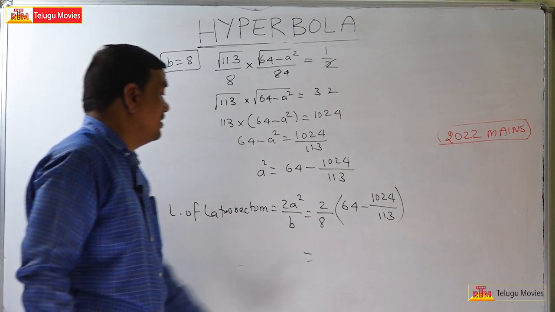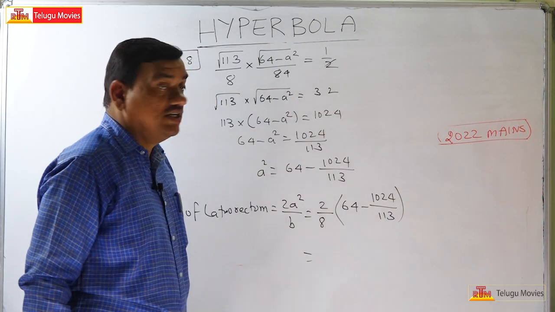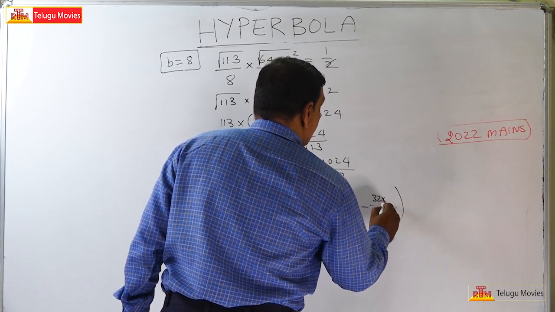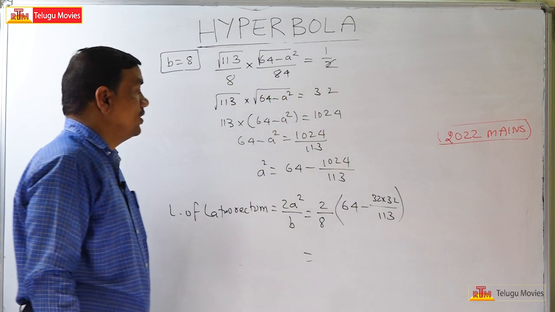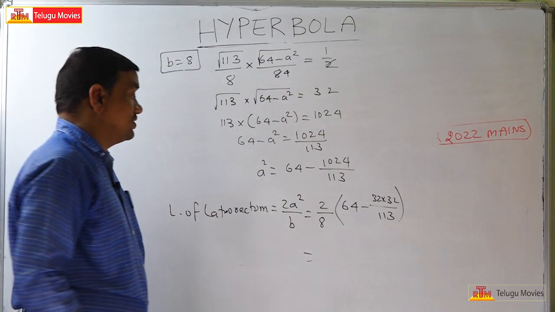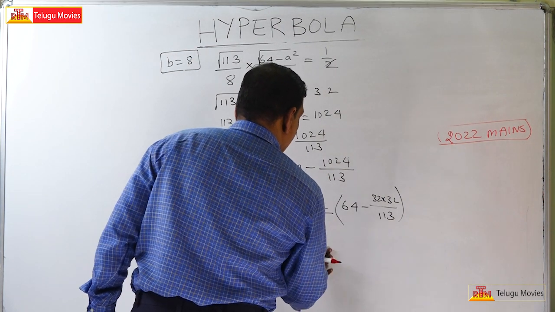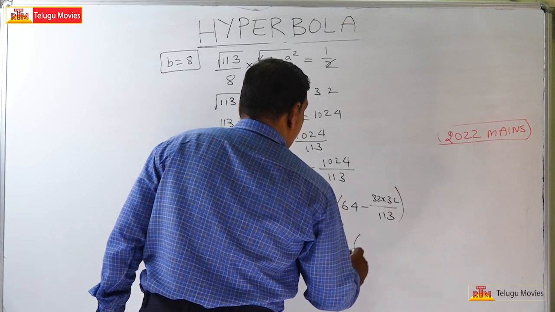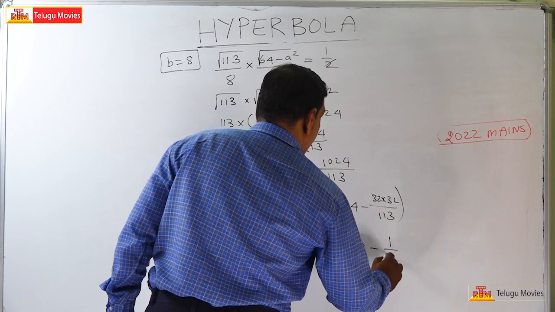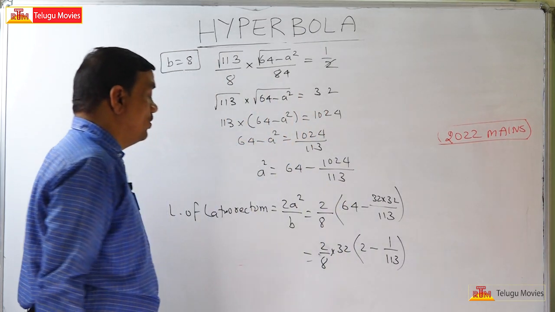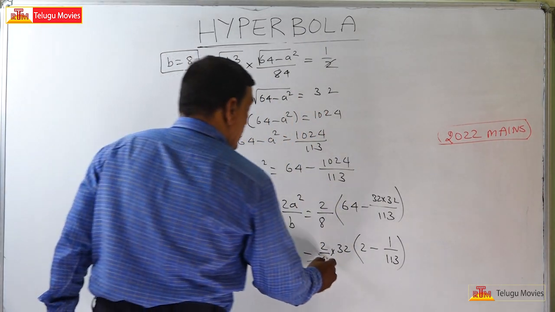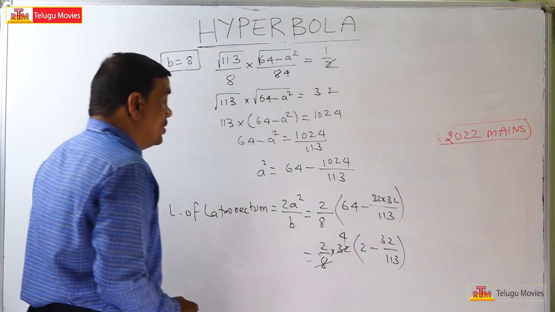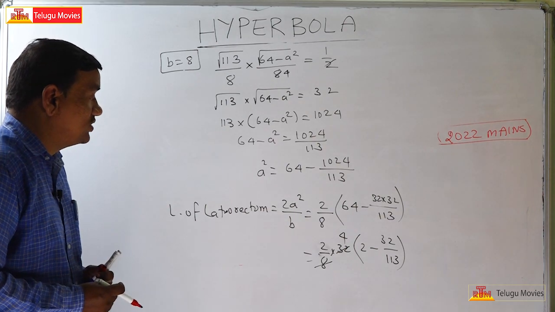So here this is 32 square, no? So this is 32 into 32, 32 square. So we can take 32 common outside. So it is 2 by 8 into, if you take 32 common outside, so here 32 2s are minus 1 by 113. Okay now, so this is equal to 8 1s are 8, 4 8s are, so 132 will be here. So 2 1s are 2, 4 8s are 8.